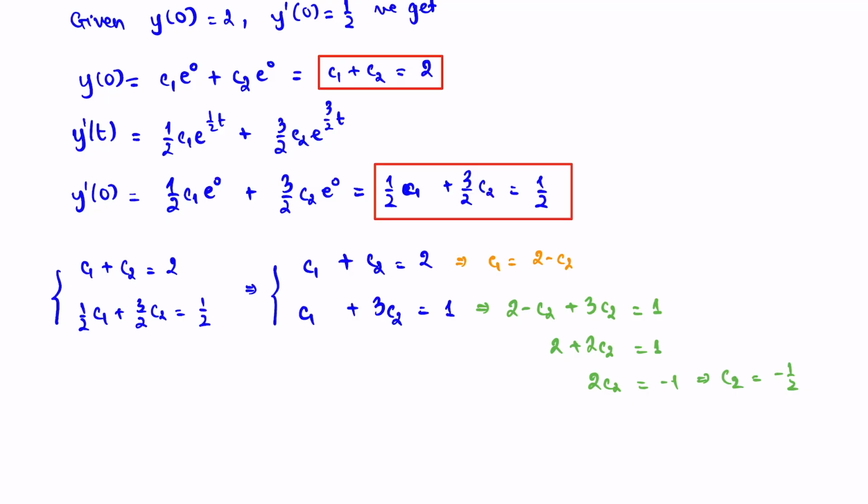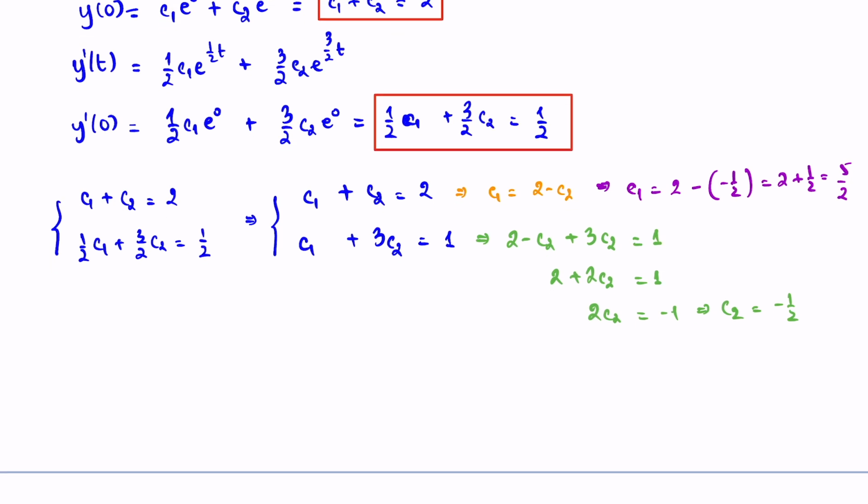When you know the value of c2, you can find the value of c1. So c2 equal to -1/2 implies that c1 equal to 2 minus -1/2, or 2 plus 1/2 equal to 5/2. Okay, so c1 equal to 5/2, and c2 is equal to -1/2.